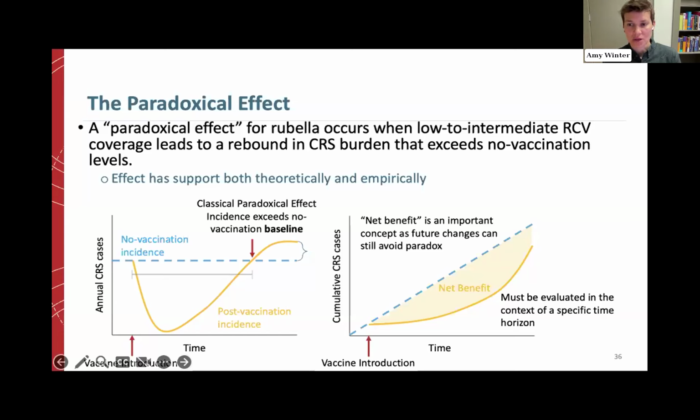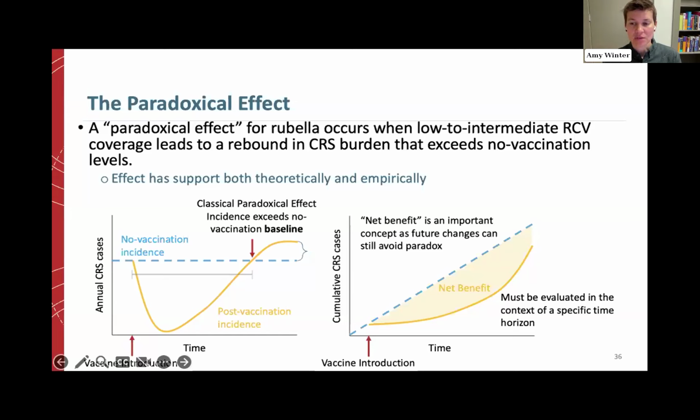So for each country and scenario, we generated projections of the annual number of CRS cases and cumulative CRS cases so we can quantify both the net benefit represented by the figure on the right, and whether the no vaccination baseline will ever be exceeded and when, represented by the figure on the left.